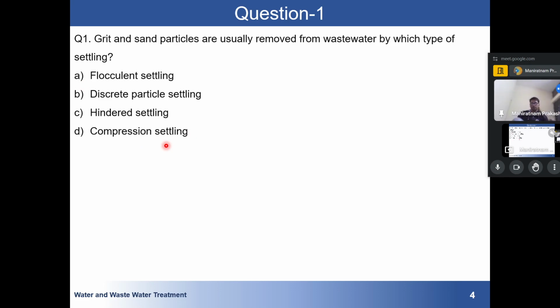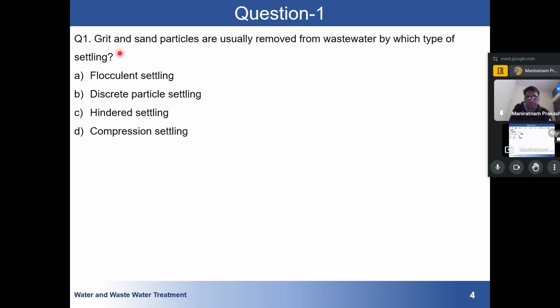So you must be aware that there are four treatment procedures, that is preliminary treatment, then primary treatment, then secondary, then advanced. Everyone is aware that in preliminary treatment we try to remove the larger particles, the bigger, coarser particles. First we pass the water through a screening chamber where we remove the larger particles, then the water passes through something called a grit chamber.